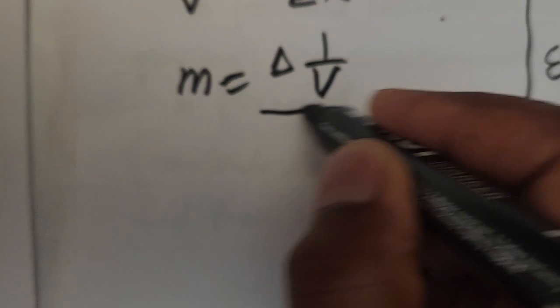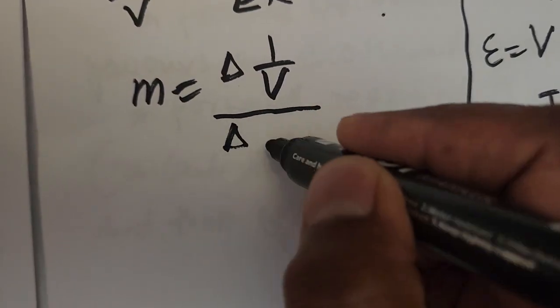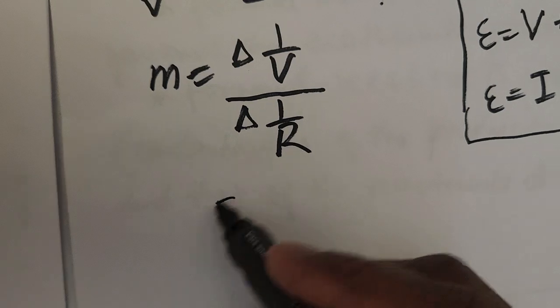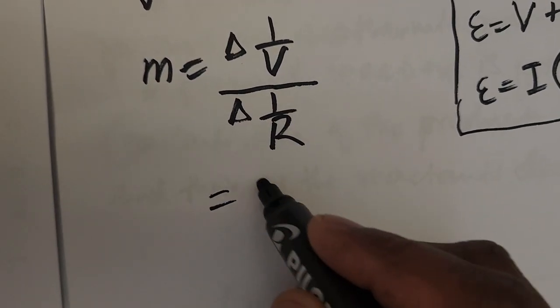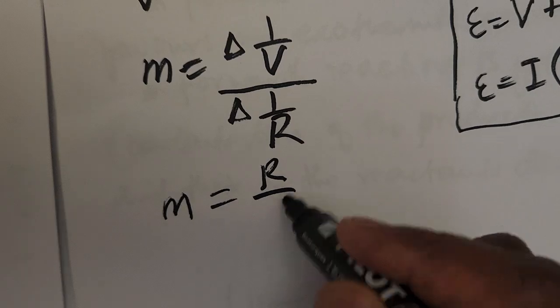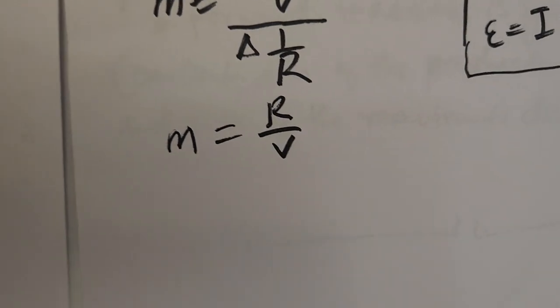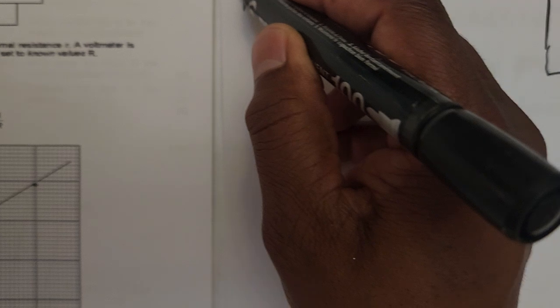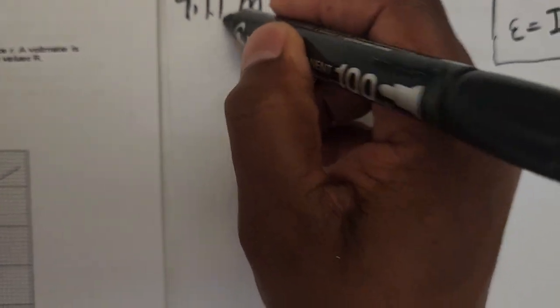It is 1 over V, divided by delta 1 over R. Therefore, if you use our maths, the slope will be the same as r over E. That is the mathematical relationship that they are looking for. That's the first question, which is your 9.1.1.